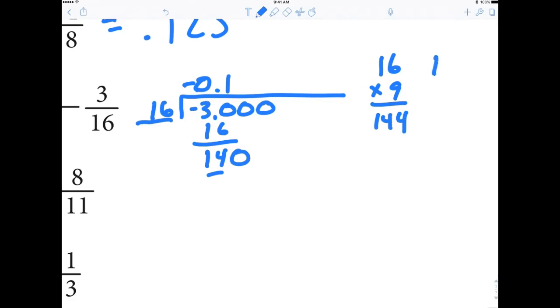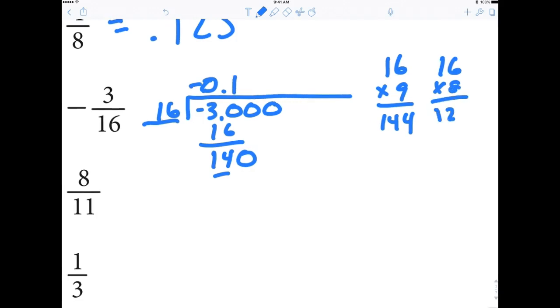All right, so that was a little bit too much, right? So now 16 times 8 is 128. All right, so here we go. Putting down the 8. 128. When I subtract, I get 12. I'm bringing down 120. Does everybody agree with that? Yes.